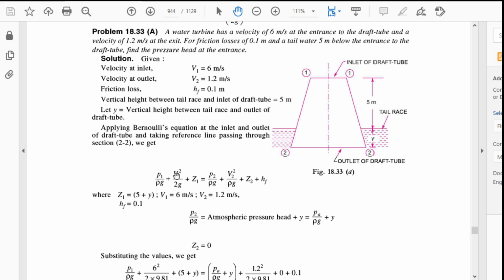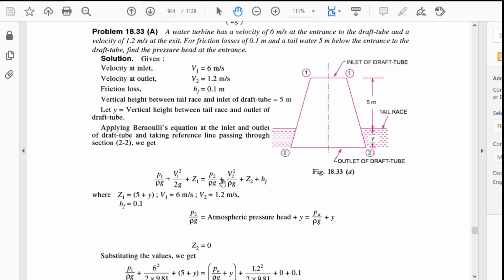Now V1 square by 2g we can find out, and V2 square by 2g we can find out. Sorry, there is a printing mistake: it is V2 square by 2g. Z1 we can write as 5 plus y, because the value 5 is given, and y we can simply write as y.